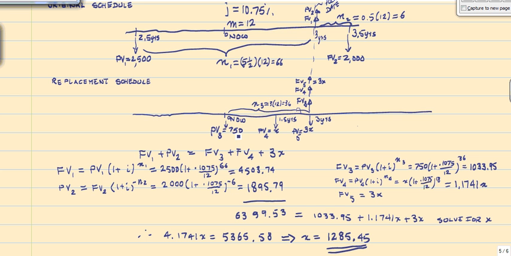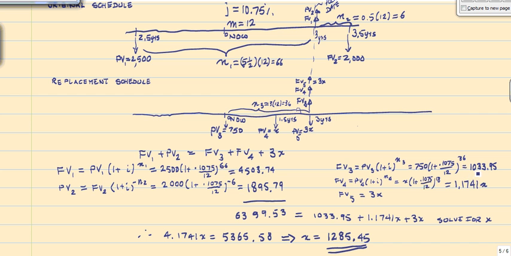Then we do the same thing for the replacement schedule. Future value 3 is going to be equal to 750 times 1 plus j over m to the power of 3 years times 12, which is 36.